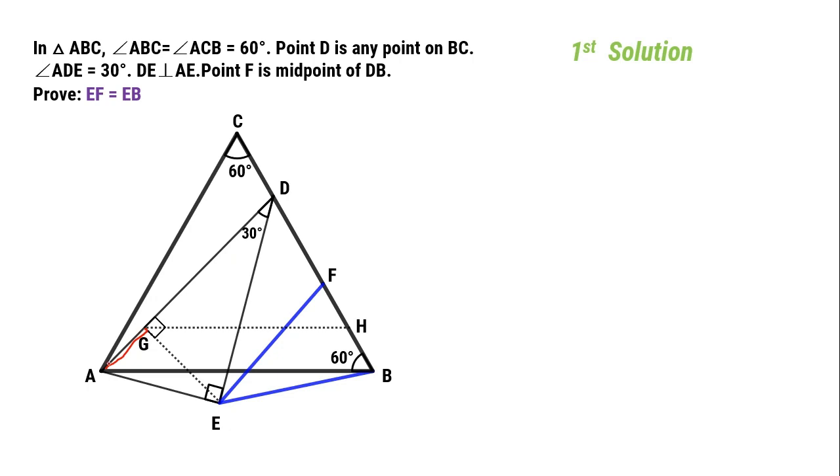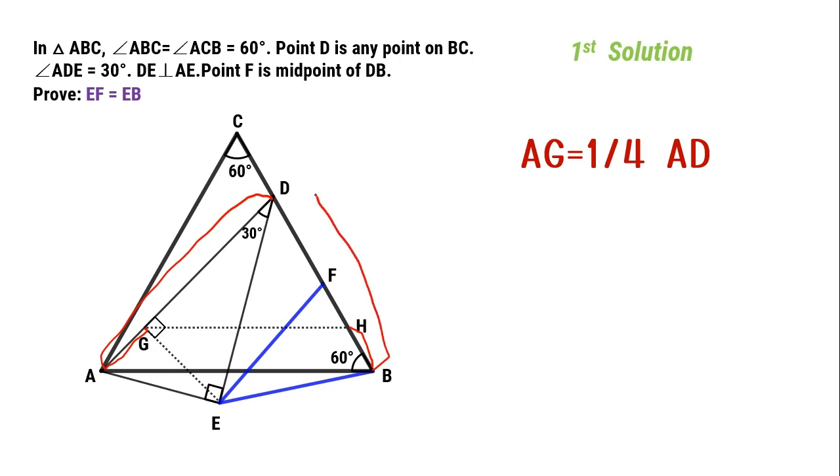So, we can calculate AG equals 1/4 of AD. BH is also equal to 1/4 of BD.